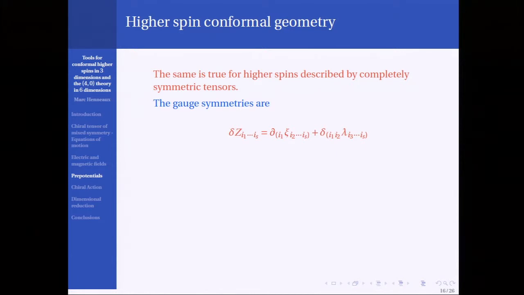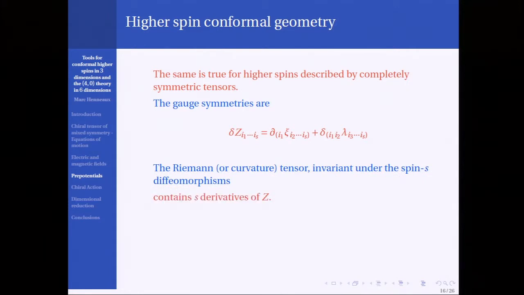And you would have spin S Weyl transformations. You can again try to build a geometry, between quotation marks, invariant under that. And again, the situation is very different depending on whether you are in 4 dimensions and higher or in 3 dimensions.